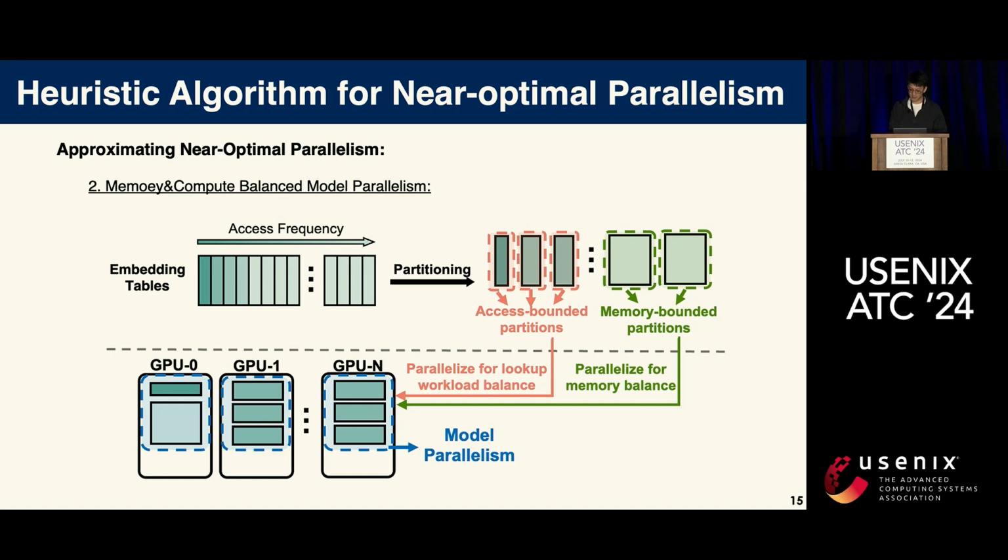And after creating a parallelism plan, we evaluate the optimality of the plan using our theoretical performance model. And if the optimality of the plan is not good enough, we increase the partition granularity, and then we repeat the partitioning and model parallelism policy until we achieve a model parallelism that has balanced access frequency and memory consumption across all GPUs. And this backtrack search process ensures we could use an appropriate granularity for the embedding table parallelism.